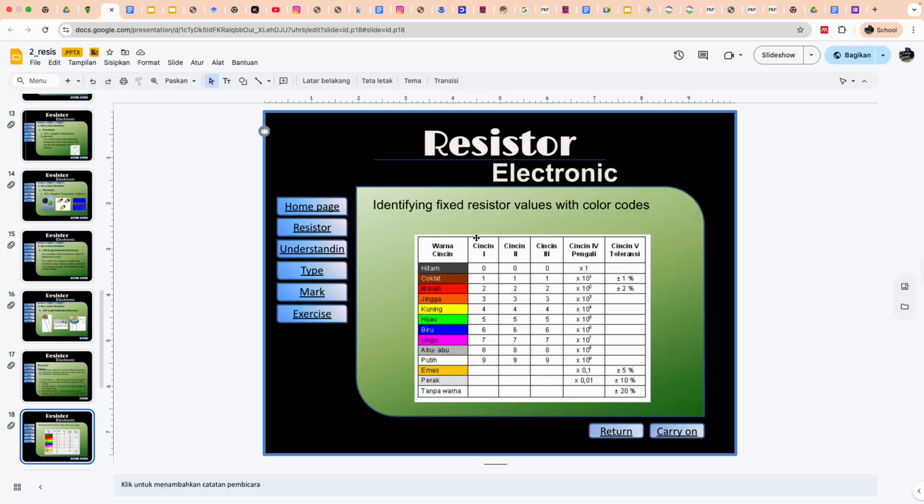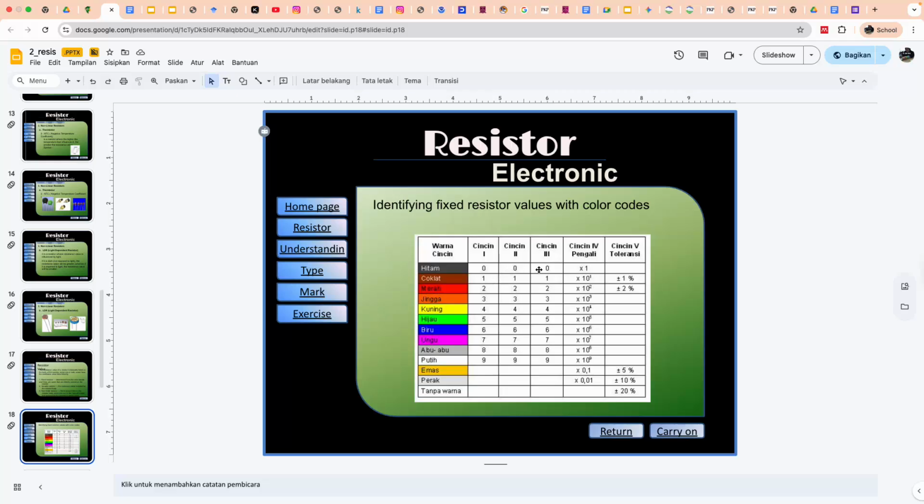This is the first ring, second ring, third ring. You can see the value: black is 0, brown is 1, red is 2, and so on.